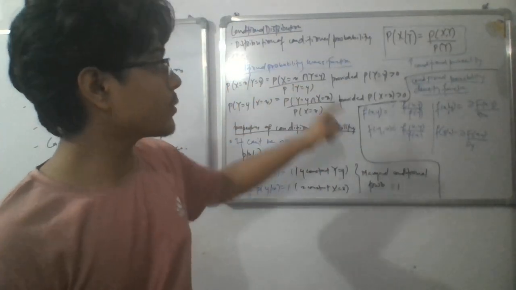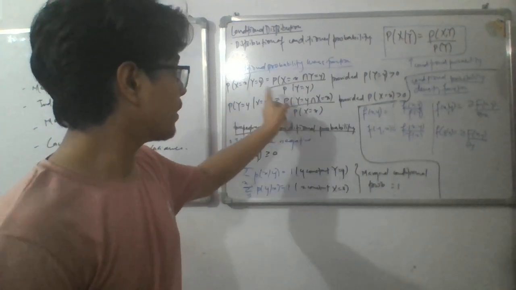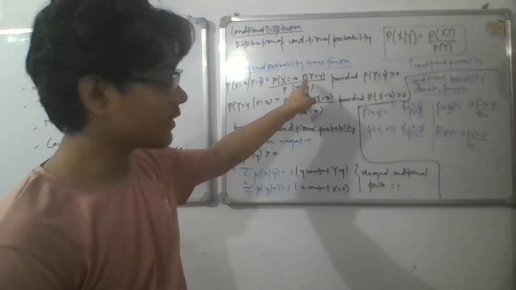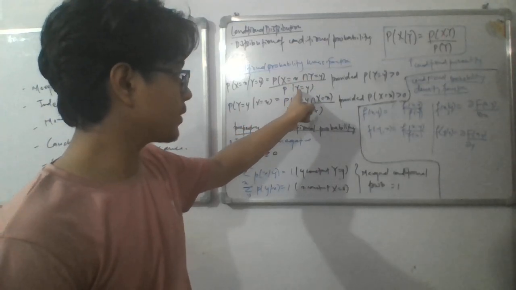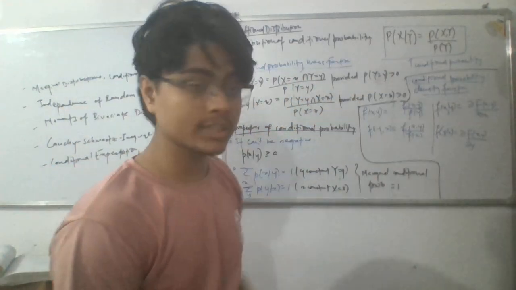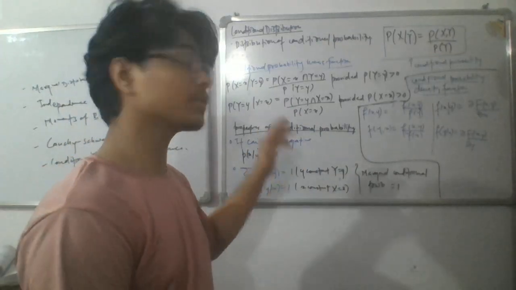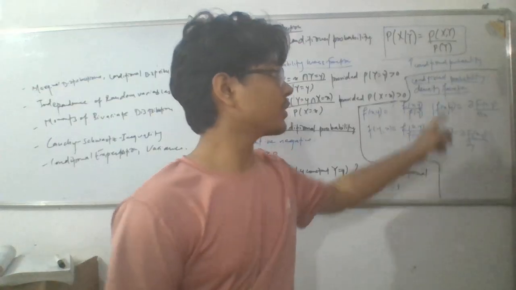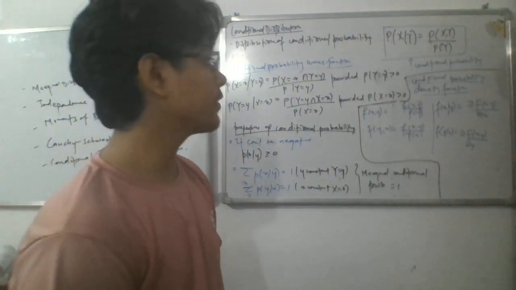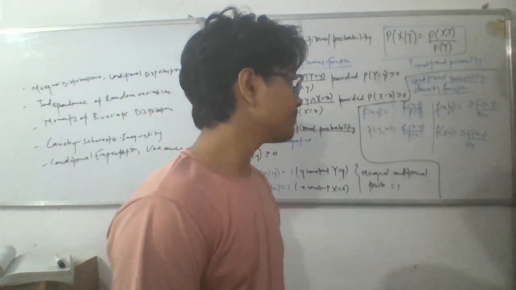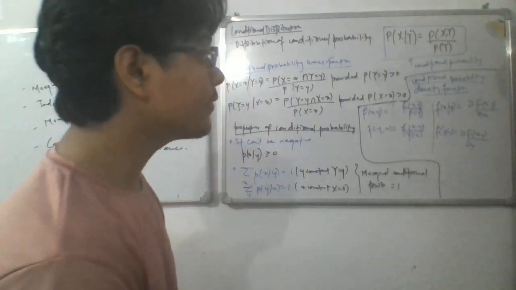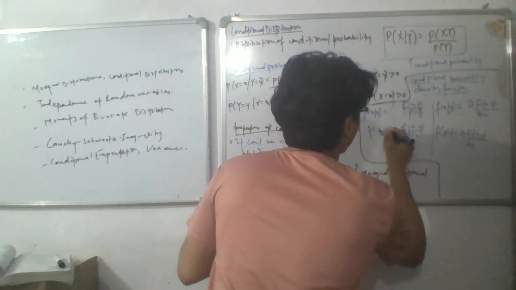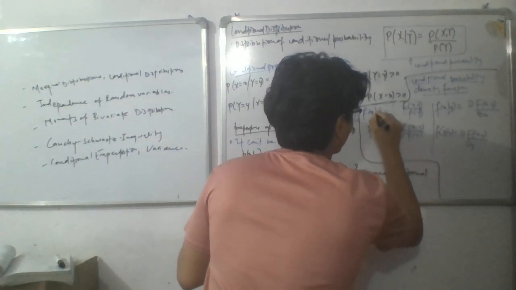Here we can see the conditional probability mass function is given in this way, where X equals x, this is the intersection sign, Y equals y, given P(Y = y), where P(Y = y) is greater than 0. Similar thing with y, similar thing with x too, and then the conditional density function, that means for continuous variables, is given in this way.